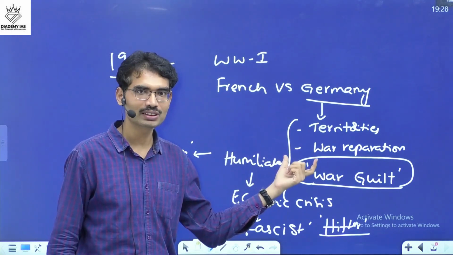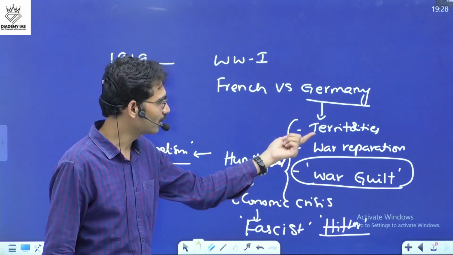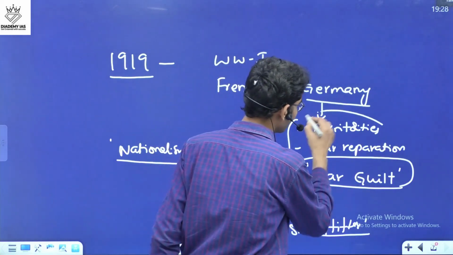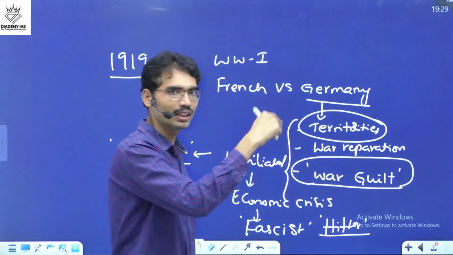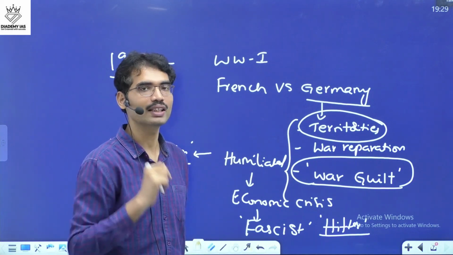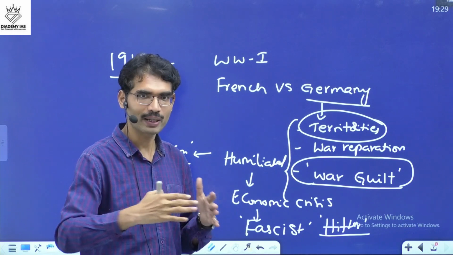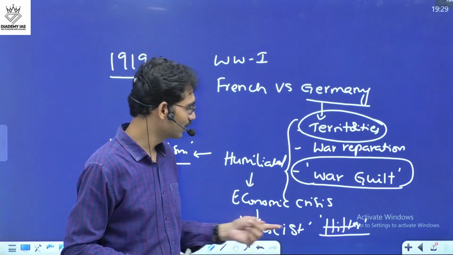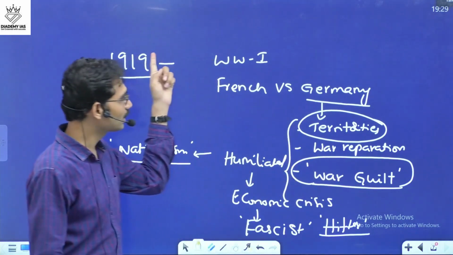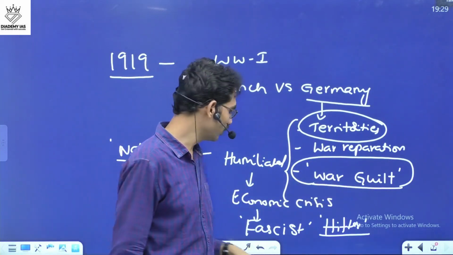This rabid nationalism. Now when Hitler came to power, he wanted to expand their territories back. Not only their own territories, but he wanted to expand his empire into other territories, like in ancient and medieval times. This is how the Treaty of Versailles had the seeds of the Second World War.